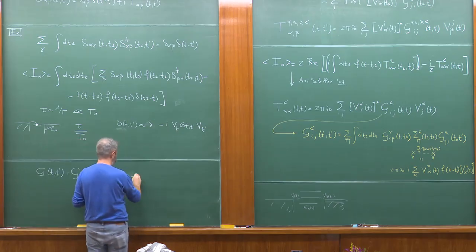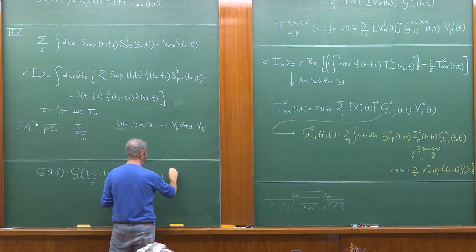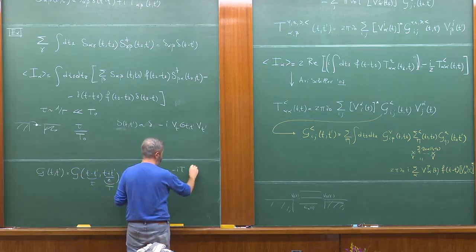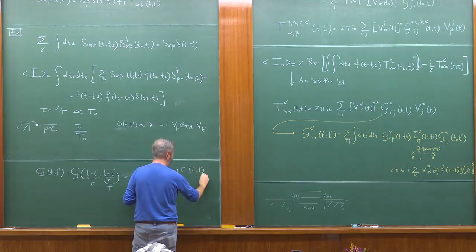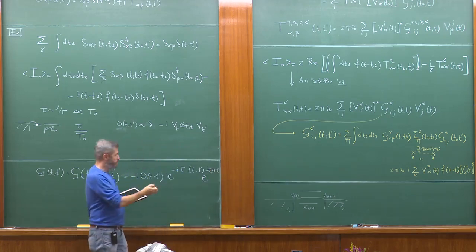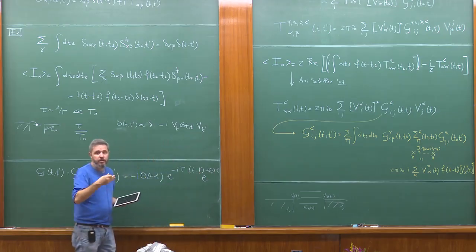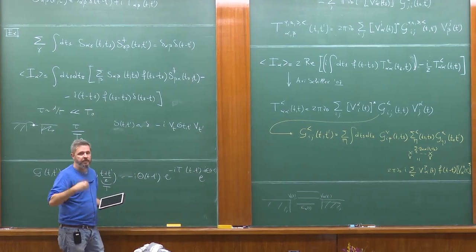So this was e to the minus i theta (t minus t prime), e to the minus i gamma (t minus t prime), e to the minus i epsilon (t minus t prime). Now, you see where the dependence on t minus t prime is. Now imagine that you turn on a slow time dependence on gamma.